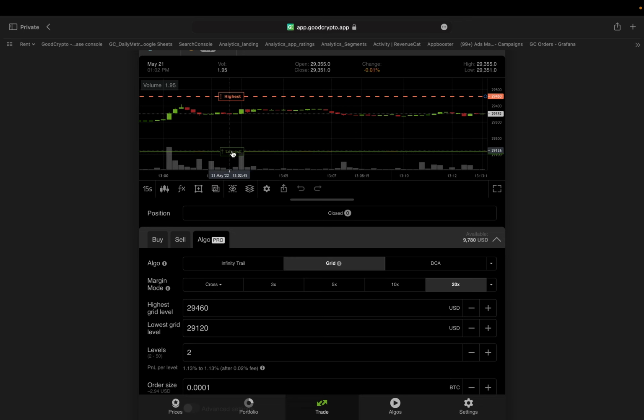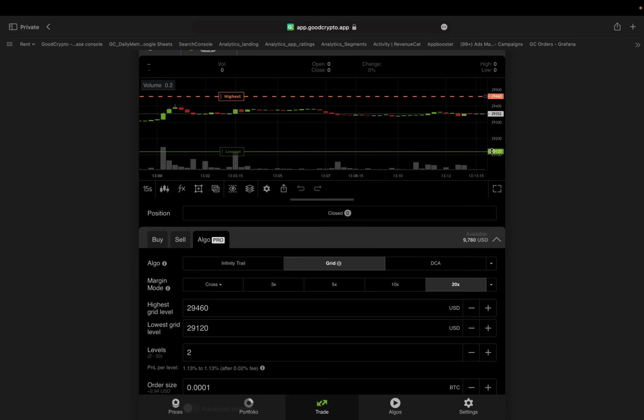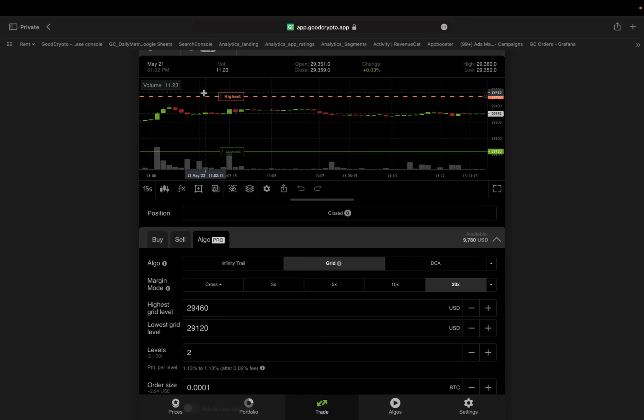That's where I put it. And it will stay this way until the market price goes down enough and hits this buy order. Once the buy order executes, so you have entered the position or bought BTC at this price, $29,120, it will automatically put an opposite limit sell order at this level here.